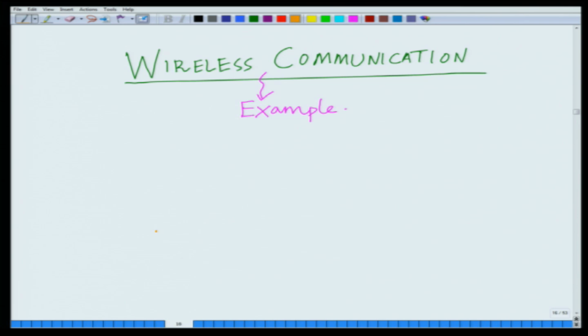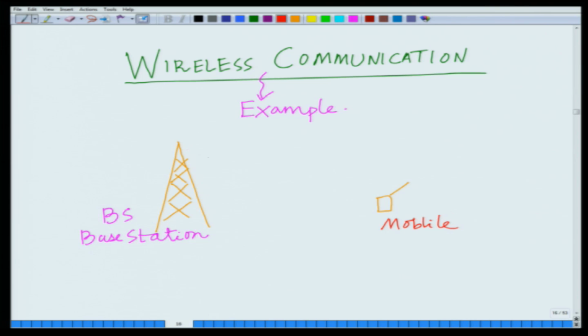So, for instance, I have a typical wireless scenario, and we have already seen this to some extent: a wireless transmitter, my base station, which is transmitting to the mobile. This is my mobile, and therefore, there is going to be a direct line of sight path.